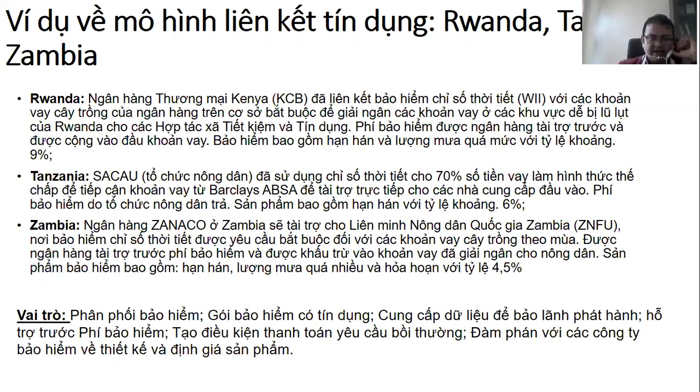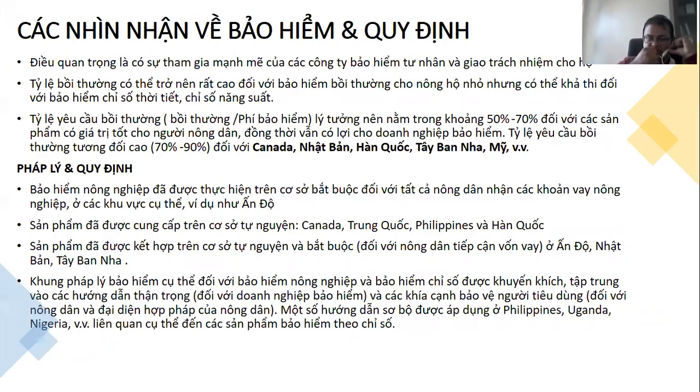And finally, the last slide I wanted to cover here was on some of the aspects related to the perspectives of the insurance companies and the regulatory perspectives as well. On the insurance companies' perspective, we'll be covering more of this also tomorrow when we look at some more details related to the specific products in Vietnam.